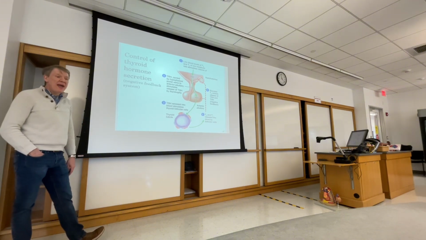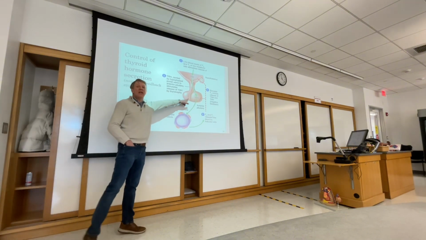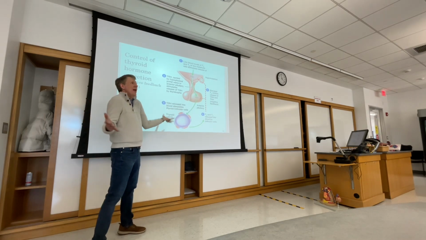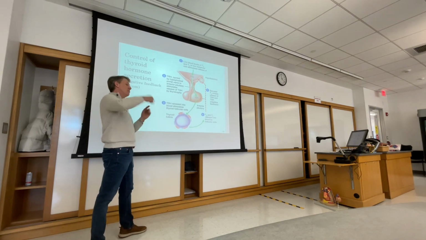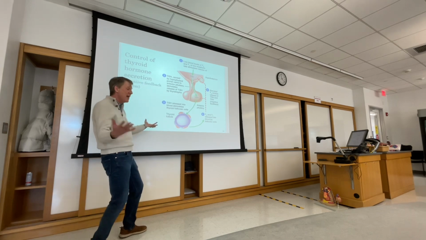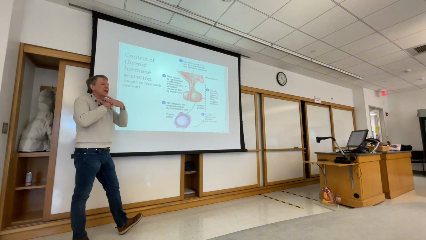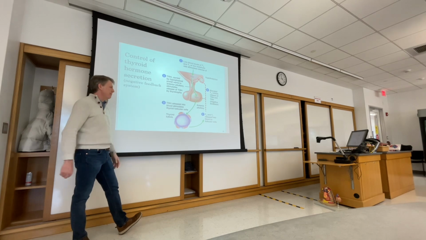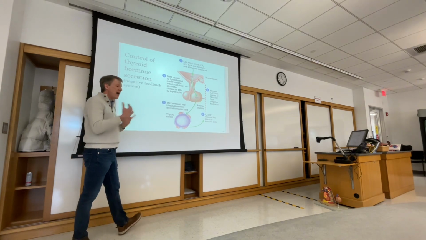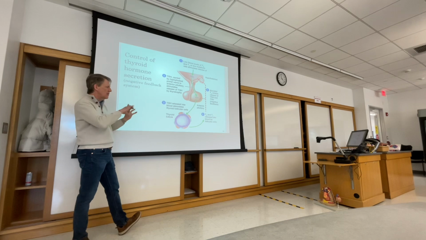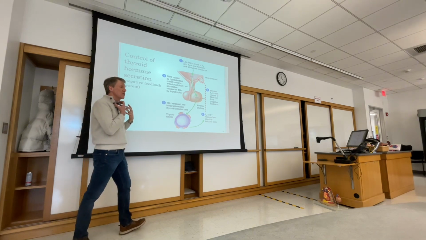So you just keep hitting that thyroid with more and more TSH. The thyroid's like, what are you doing? I don't have any iodine. I can't do anything. And it's like, I don't care, I'm just here, try to make it. And it's like, I can't. And it just keeps hitting them. That thyroid tissue is just going to grow and grow and grow. Okay? So that's the pathogenesis of how that leads to that enlargement that you see.